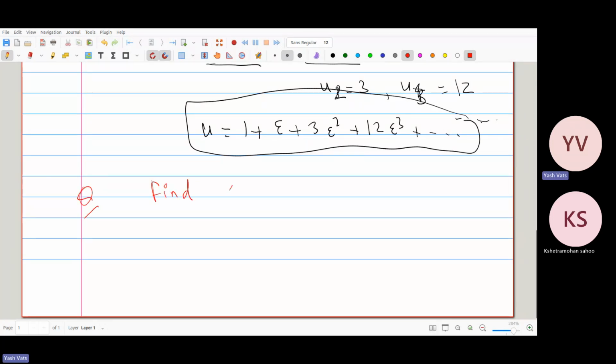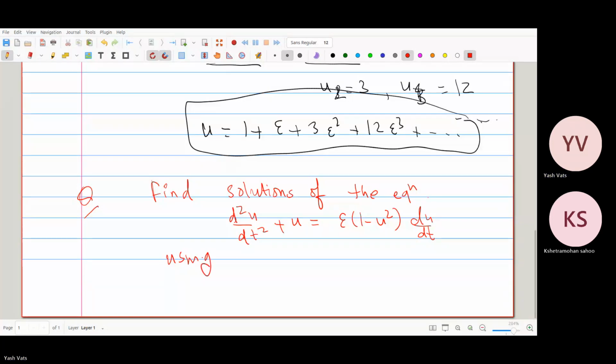Find solutions of the equation d2u by dt2 plus u equals epsilon times (1 minus u square) du over dt, using the same method. That's very easy. You just try it and see what's going on.